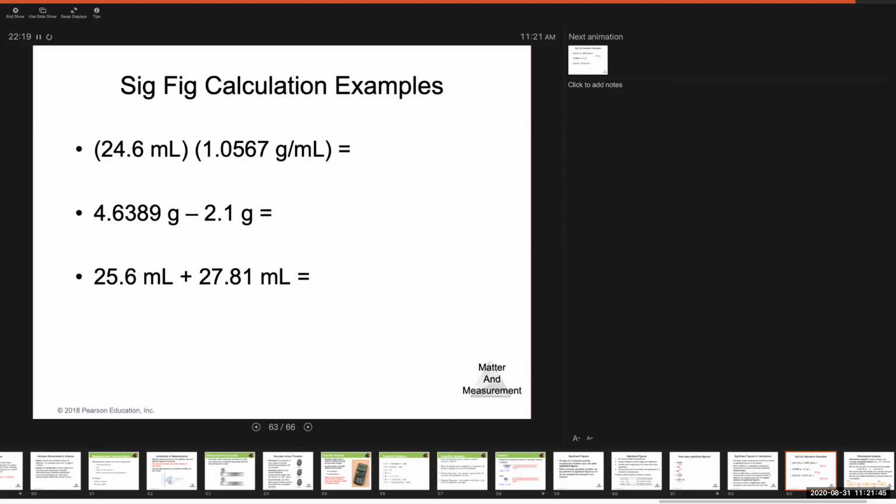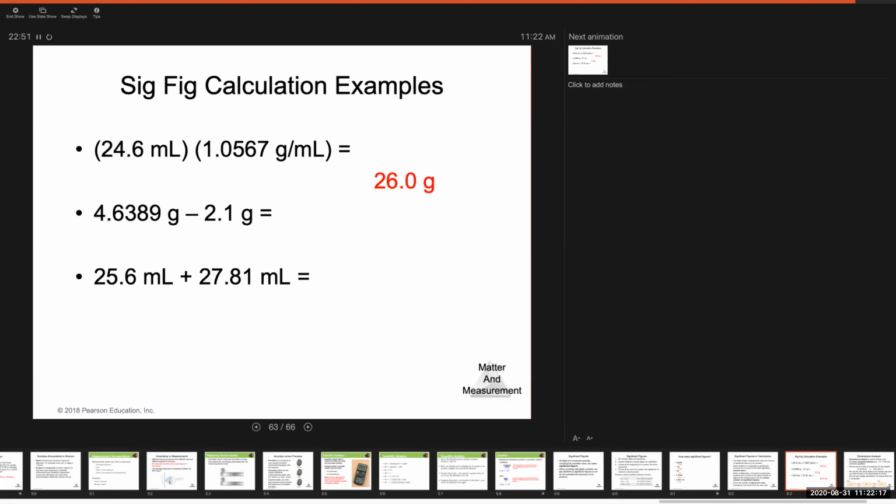So we had a couple things going on here in this problem, in addition to significant figures that we can learn. We had dimensional analysis. We talked about density, density being an intensive property. So a few things going on in addition to significant figures, which if you do the math, 26.0 grams. So we have 3 significant figures there, right? Because of the decimal, that last 0 counts as a significant figure.